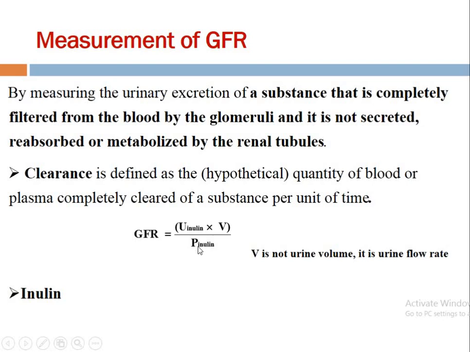This plasma concentration of inulin is also needed to calculate GFR. So by putting the urinary concentration of inulin in this formula, as well as the flow rate and the plasma concentration of inulin, we can come to know the GFR. So clearance of inulin can be used for the measurement of GFR.